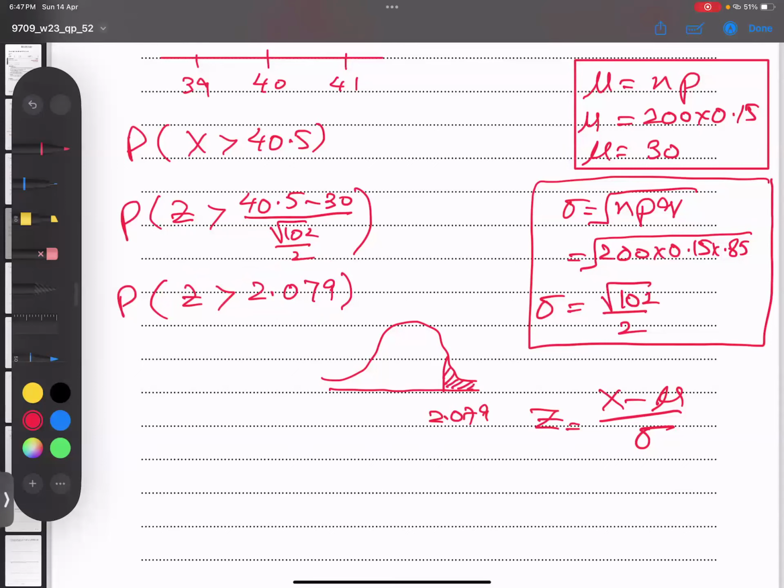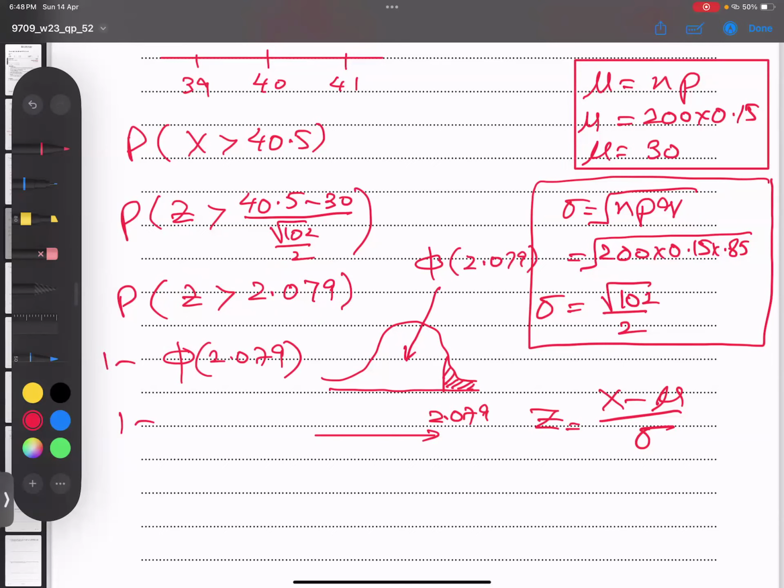But when I find phi of 2.079 from the table, it always gives the number from the left side. So this white region is phi of 2.079, but I don't need that, I need the other one. So 1 minus that.